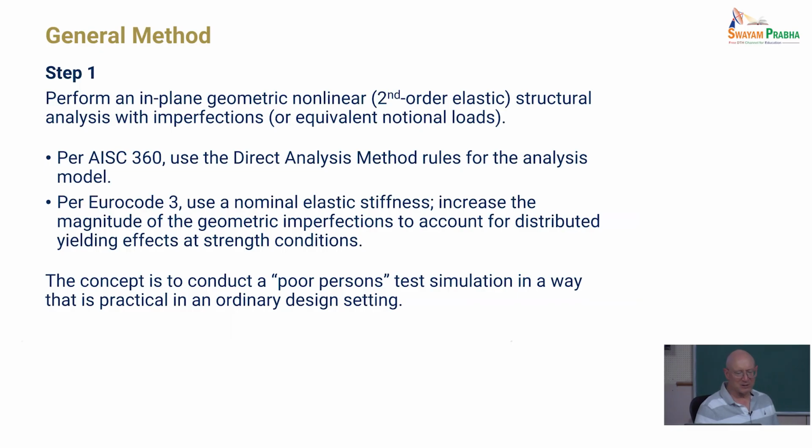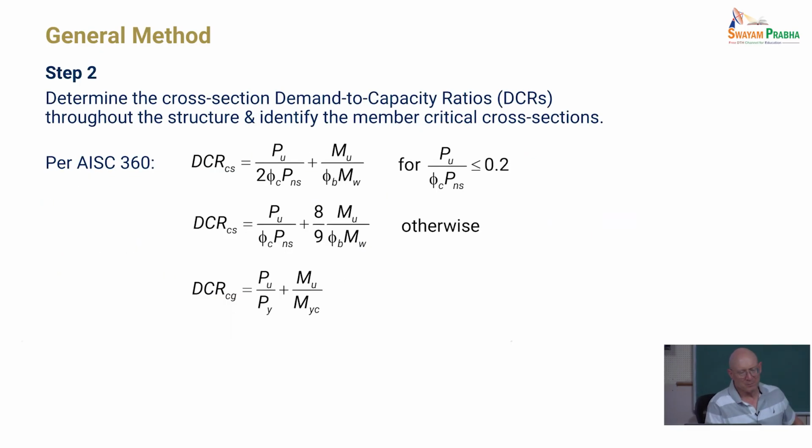So once we have step one accomplished, we move to step two. The way it is implemented in Consteel is we determine cross-section demand to capacity ratios throughout the structure. And the designer identifies, okay, I want to call this a member, this a member, this a member. And then we look at where the largest DCRCS is, so that's based on PNS and MW.